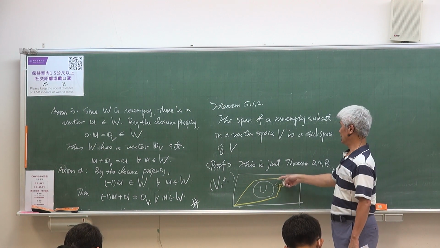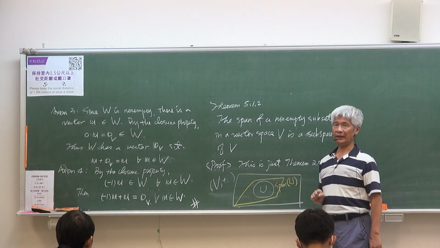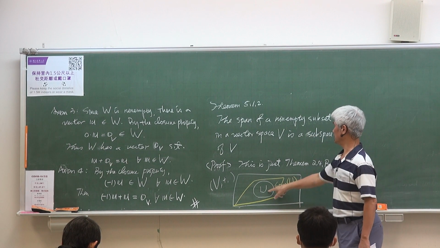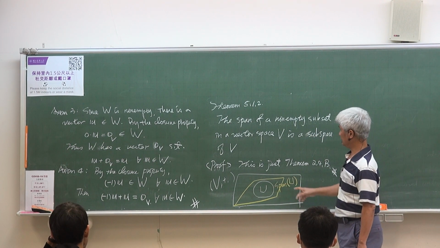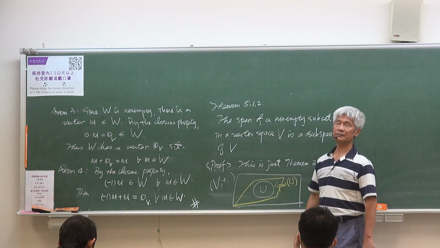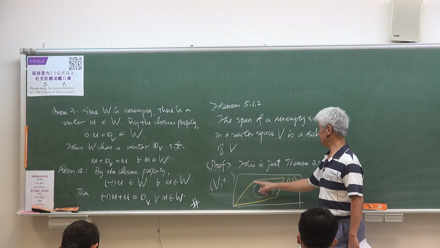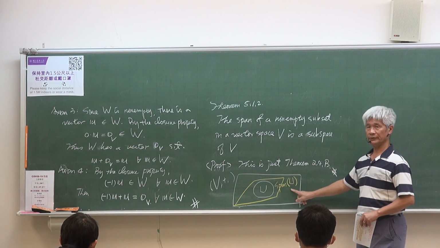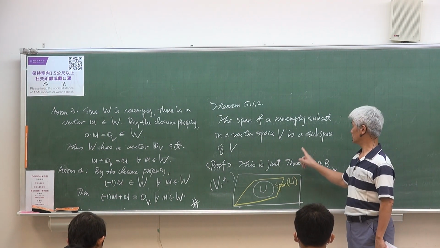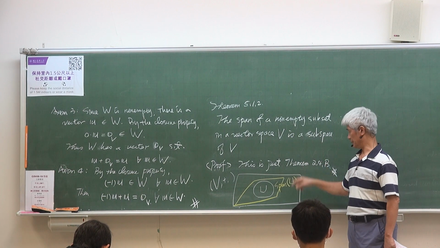You just pick an arbitrary non-empty subset U here, and then you form the span, and this span of U will be a subspace of V.